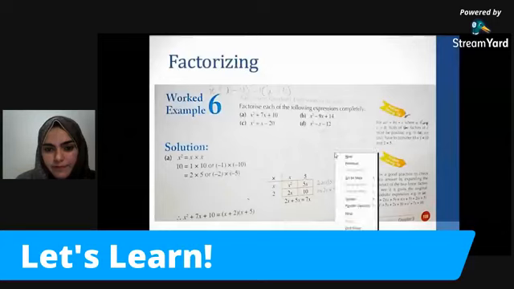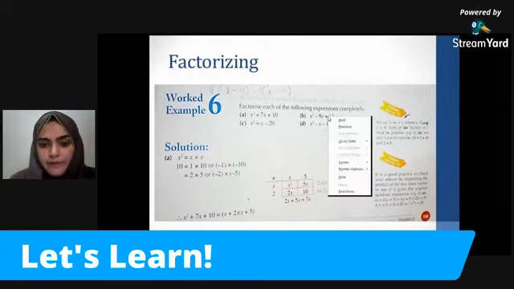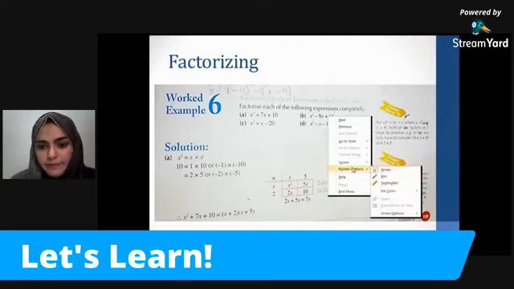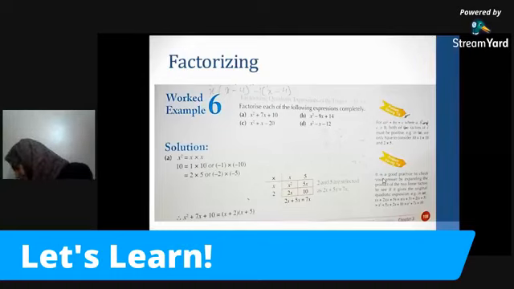So let me do this question for you guys. This question over here, part B, has different signs. If you are following the book, it's on page number 109, your Oxford edition.